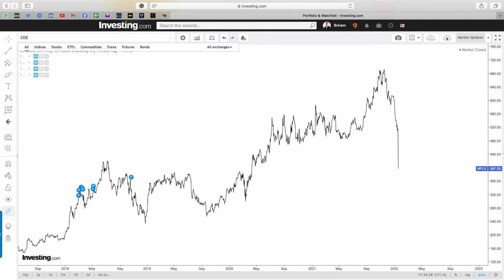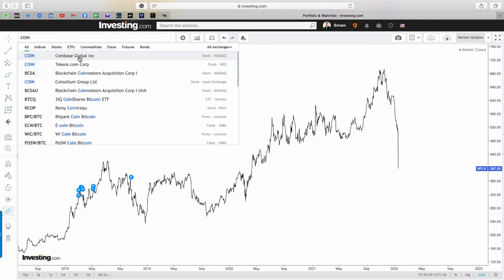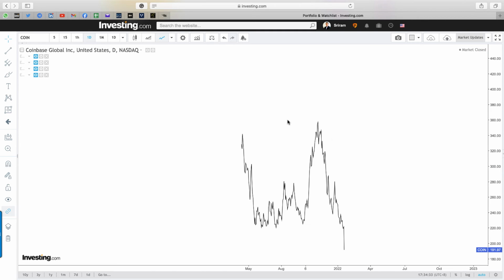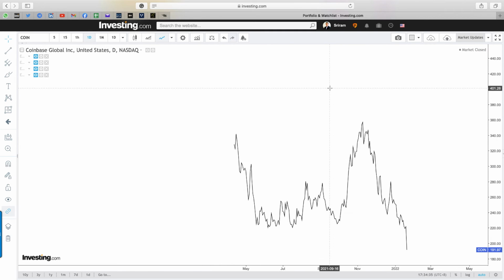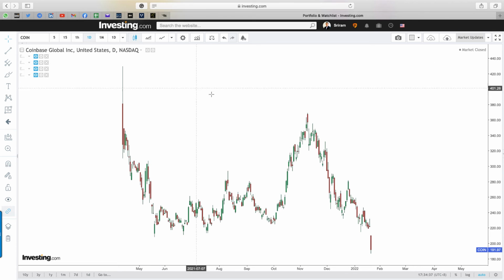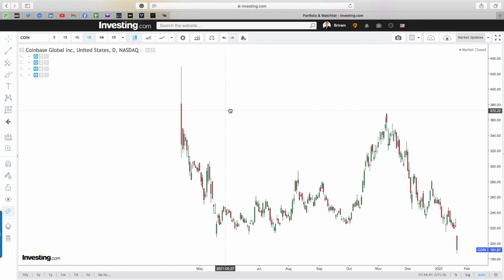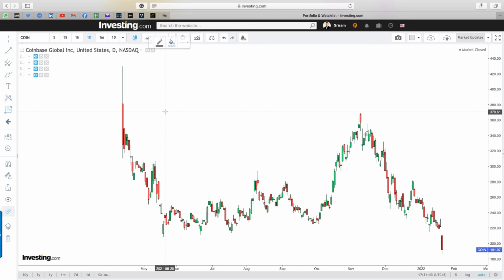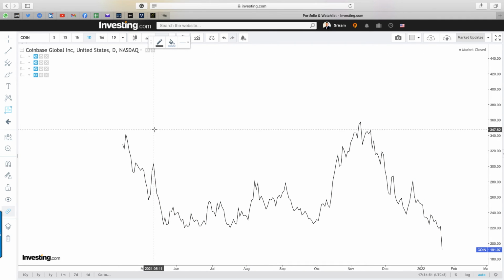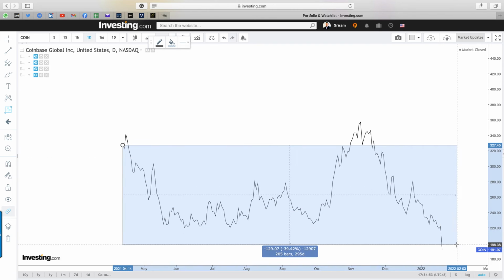And let's look at Coinbase, because there's a massive sell-off happening in the crypto area as well. As you can see, it's well below the IPO price now, Coinbase, right? Again, this is not a buy or sell recommendation, but it is trading at a massively cheaper price than what it was at the IPO.